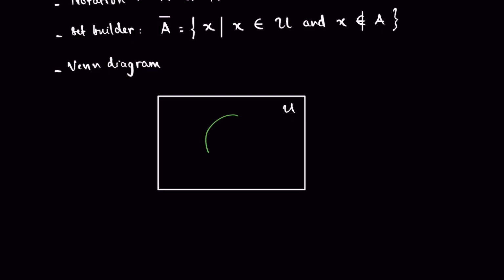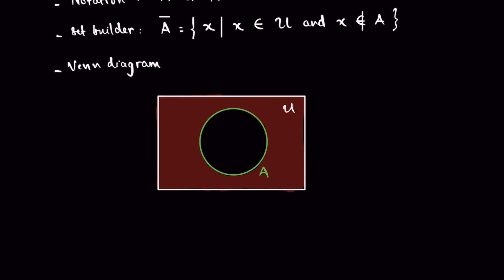And here is set A. So the complement of A is the area that is outside of A. As you can see, the shaded area in red is the complement of A. So you can write A with the bar on top of it, or you can write A superscript C.